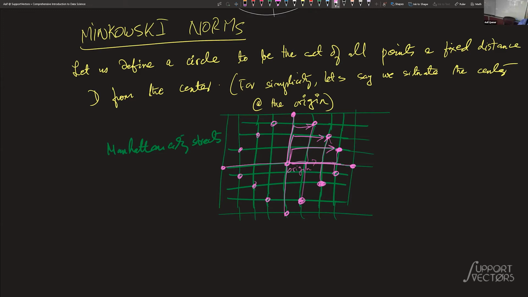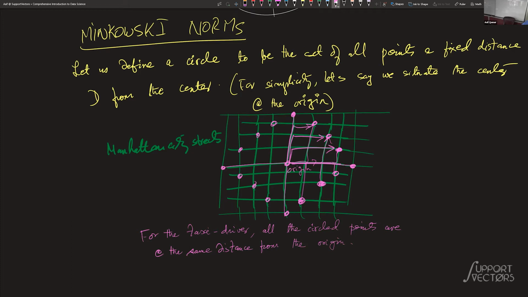So I'll say the statement: for the taxi driver, all the circled points are at the same distance from the origin.